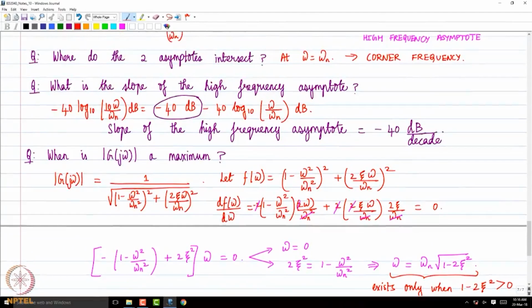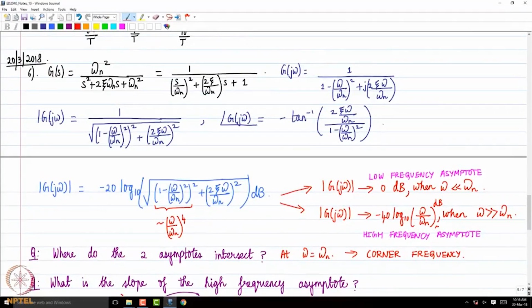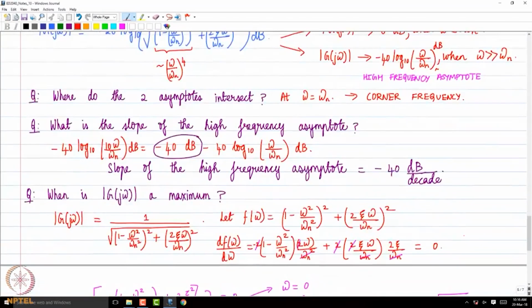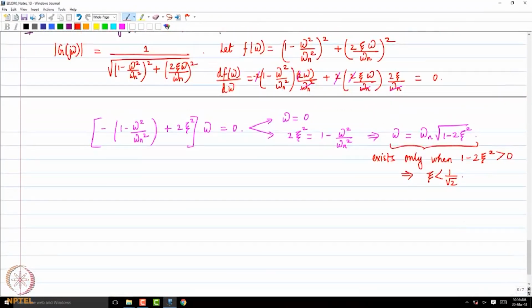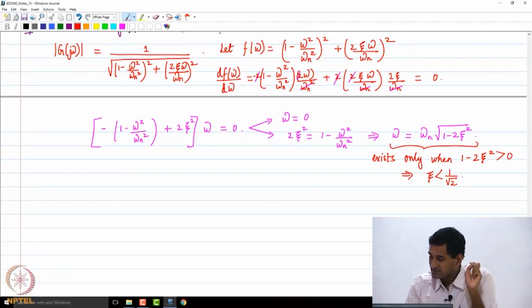When we started off, I should have said that ζ and ωn are positive parameters. You are right in general, but since we are essentially dealing with systems where ζ and ωn are positive, this is what I will have.